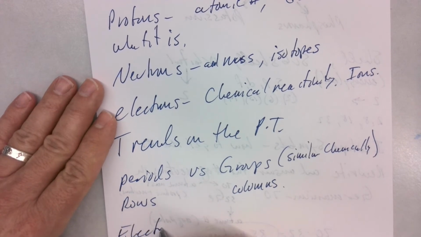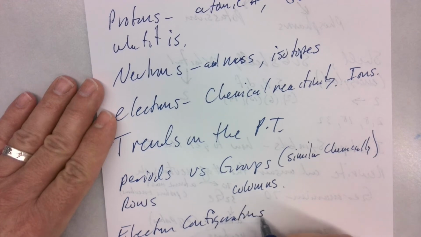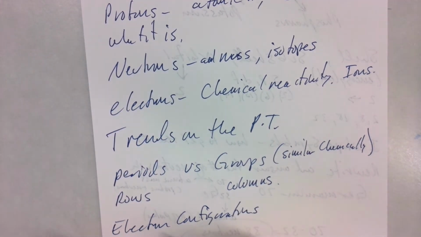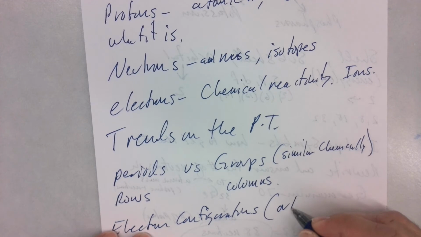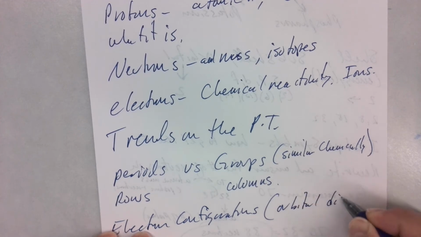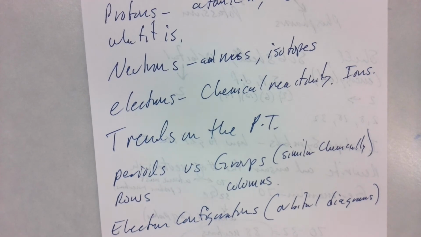Alrighty, now, electron configurations. Sometimes you will hear them called orbital diagrams. Now, they do this a couple of different ways, okay? Electron configurations are typically the stuff, and we've done both of these, but electron configurations are the whole what?